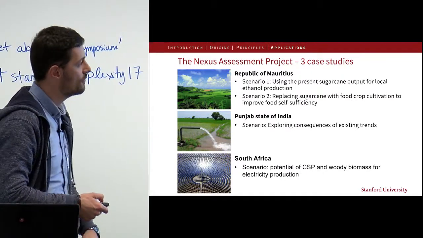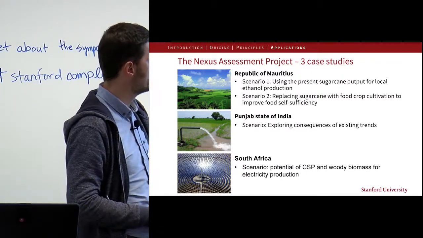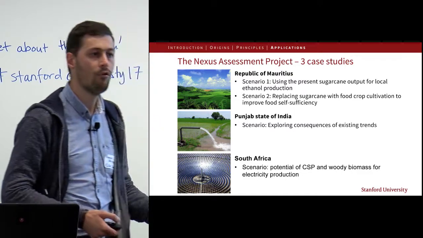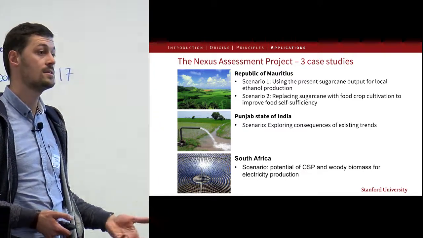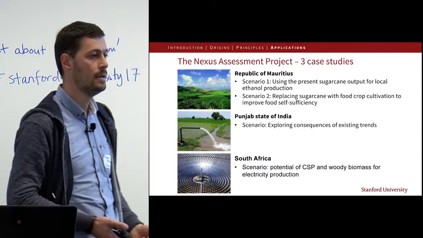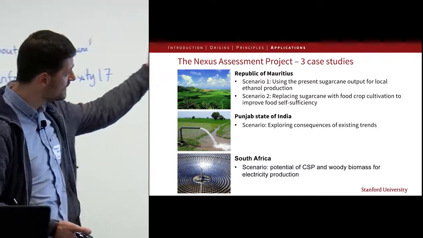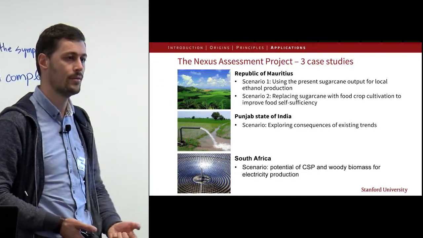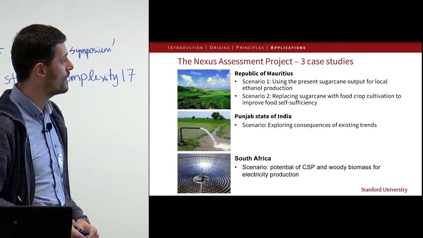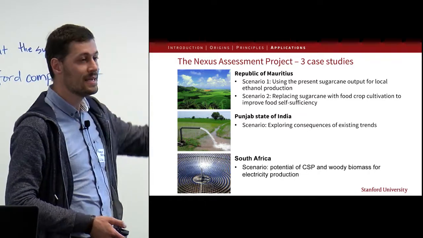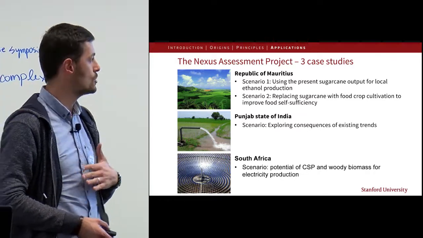In Punjab, a state of India, it was another story, in which they are overdrafting water from the underground because they got subsidies for energy, for electricity. And they do that because they have a strong tension.